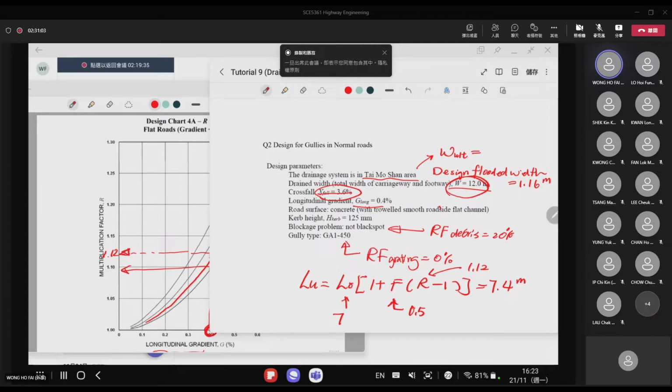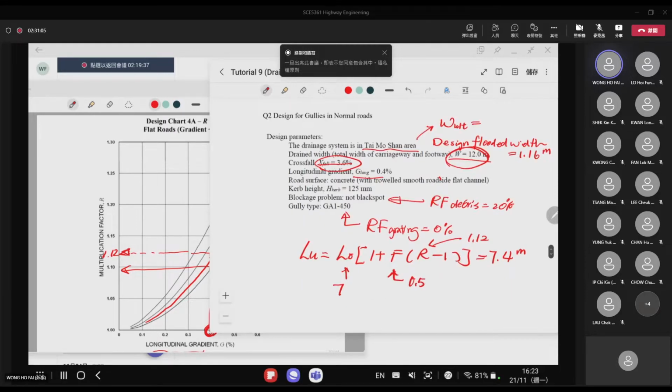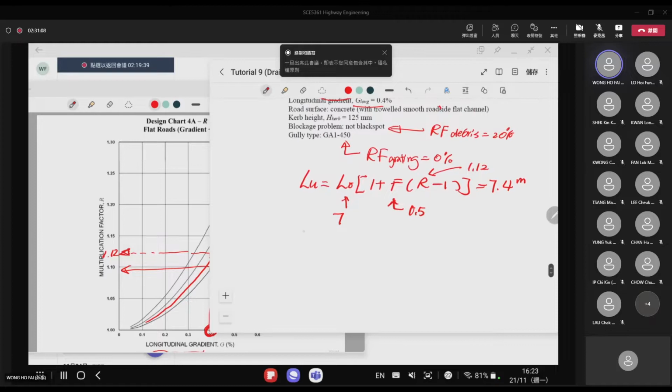Then of course this is the undisturbed or unadjusted value. Then the design value is equal to the LU times 1 minus RF rating. This one we have already found that is 20%. This one found that is equal to 0.